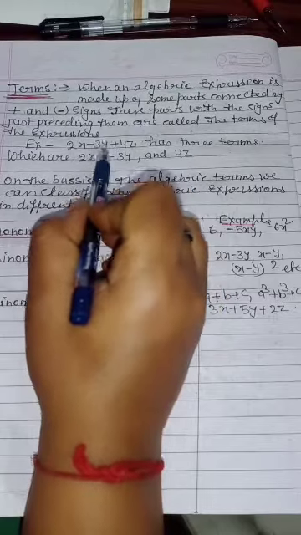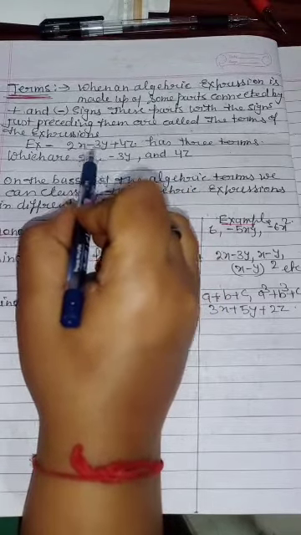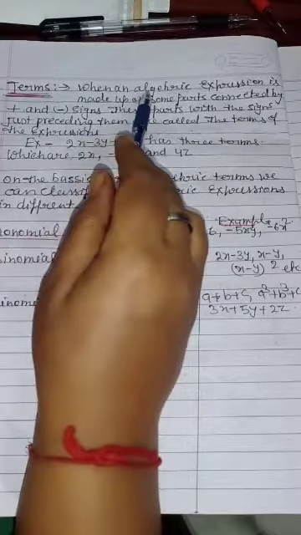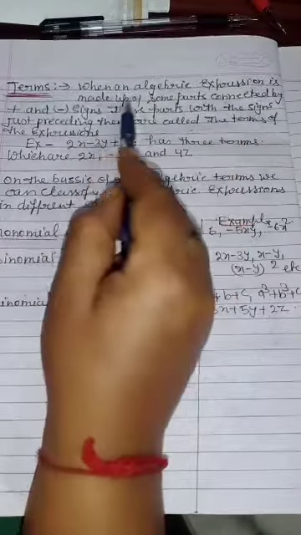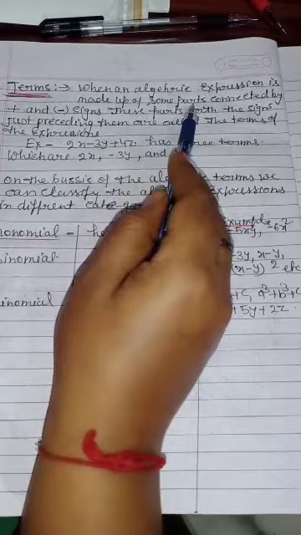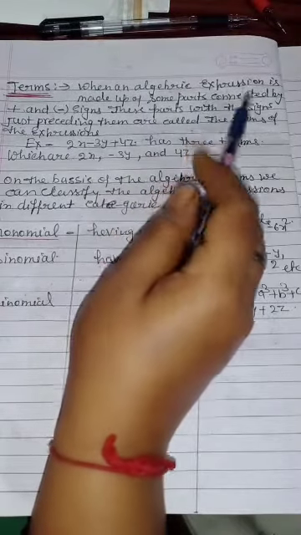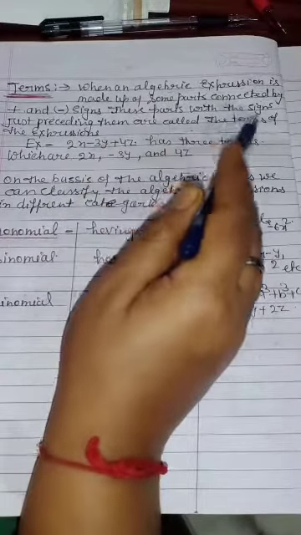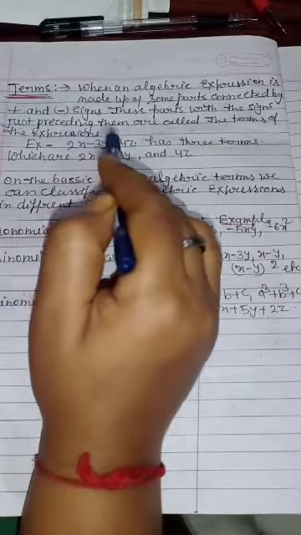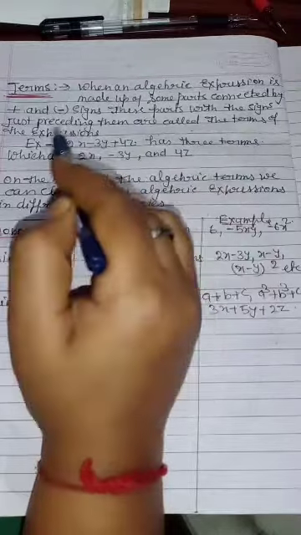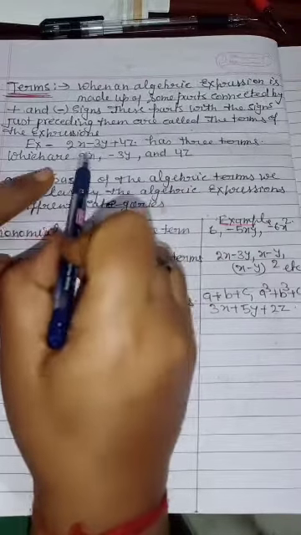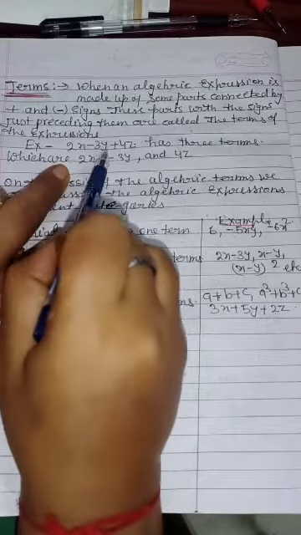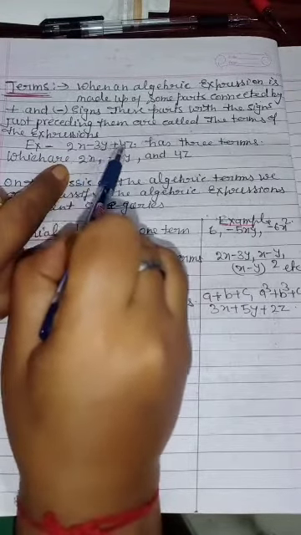If I take 3y, its preceding sign is minus, so minus 3y is a complete term. How many terms are there? 3: 1, 2 and 3.